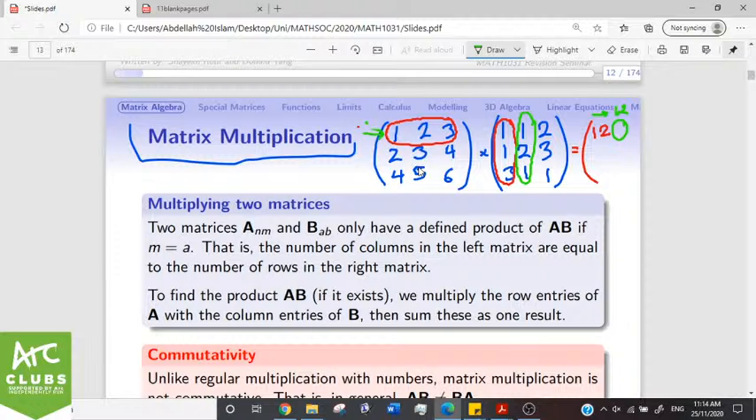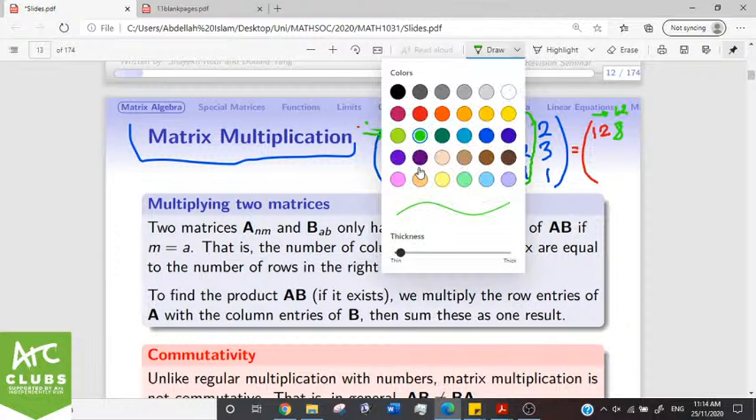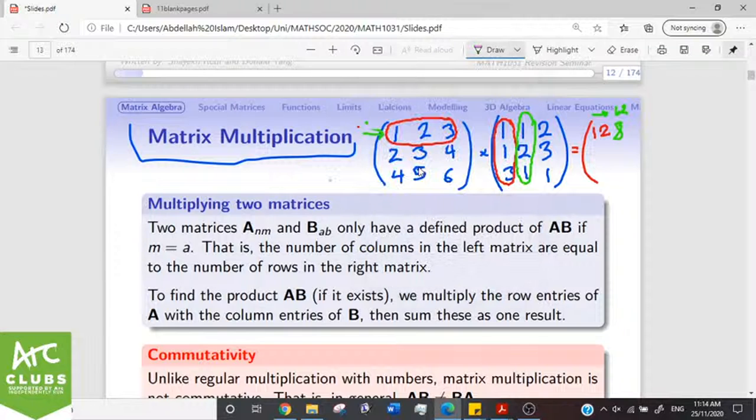So that's 1 plus 4 plus 3, so this should be 8. And then for the third one, you just take the first row and multiply it by the third column this time. And you keep going.